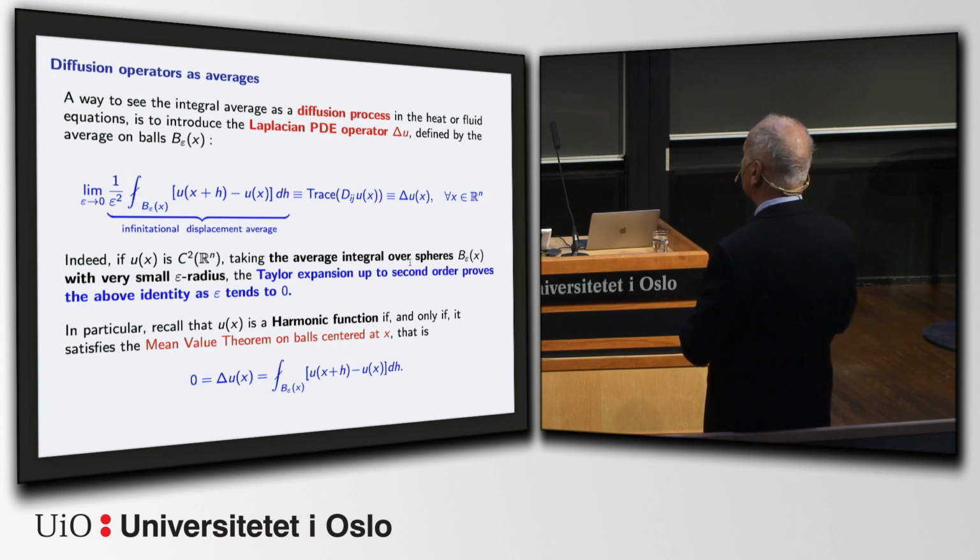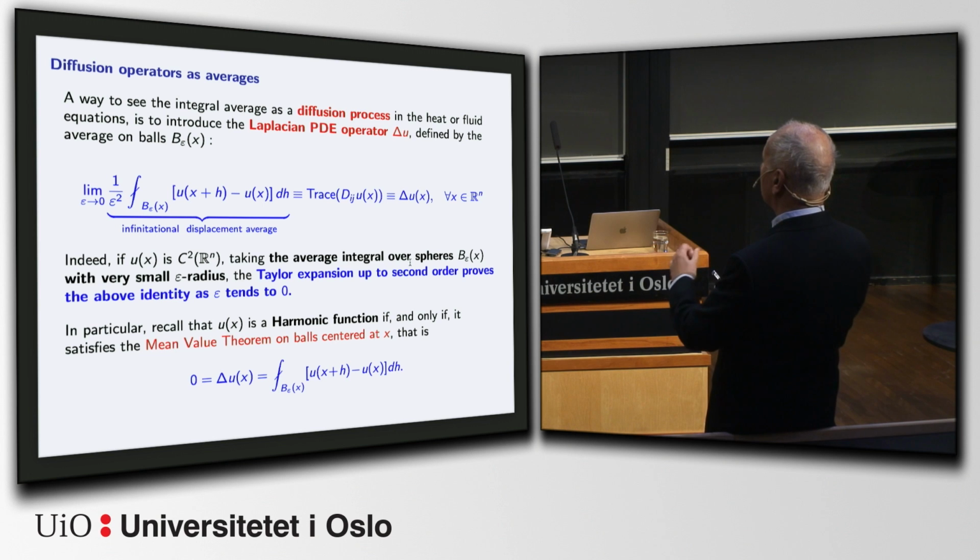This is making an averaging, because you are making this sort of integral, so the h is in B epsilon, as it says here, so the h makes u of x plus h to be around u of x in a little circle, right?